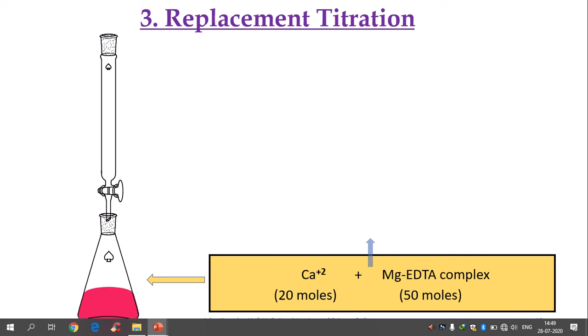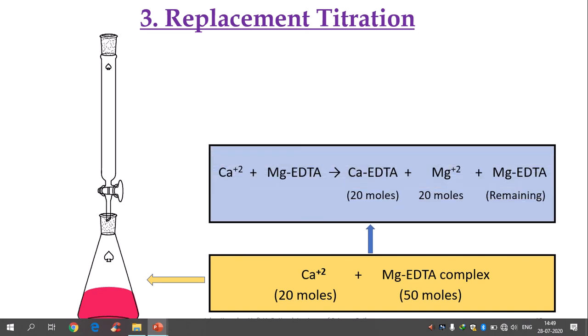Now calcium replaces magnesium, giving calcium EDTA, but how much magnesium will be replaced? Only 20 moles. So calcium EDTA formed will be 20 moles. Along with that, magnesium is also released, because as calcium is added to EDTA, that many moles of magnesium will be released. So 20 moles of calcium EDTA is formed, along with 20 moles of magnesium released, and the remaining magnesium EDTA complex is as it is in the solution.